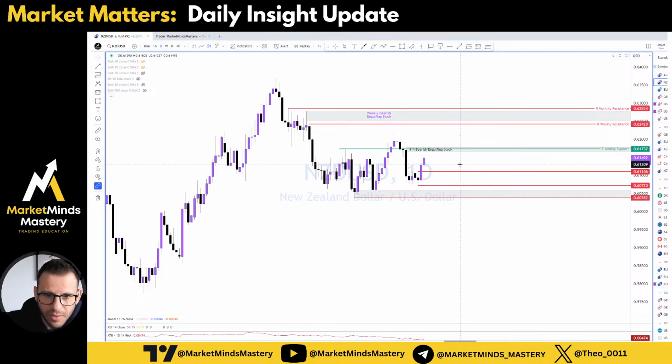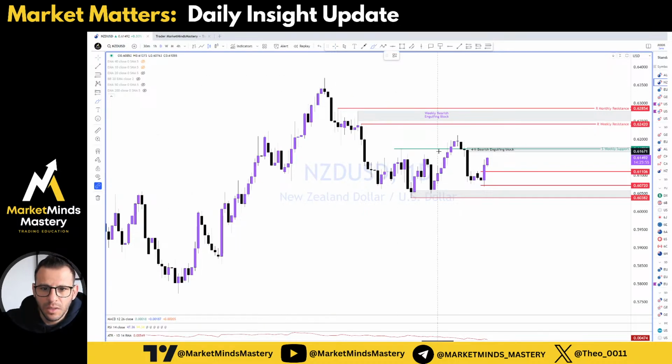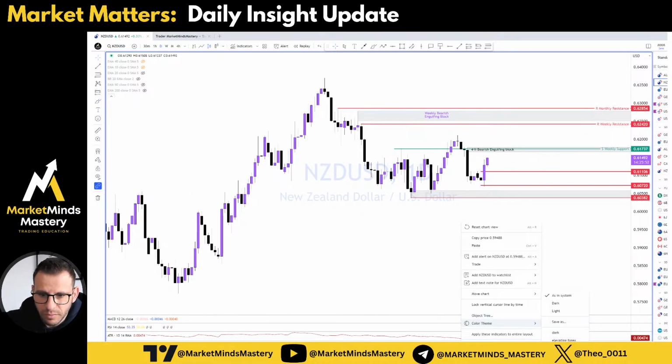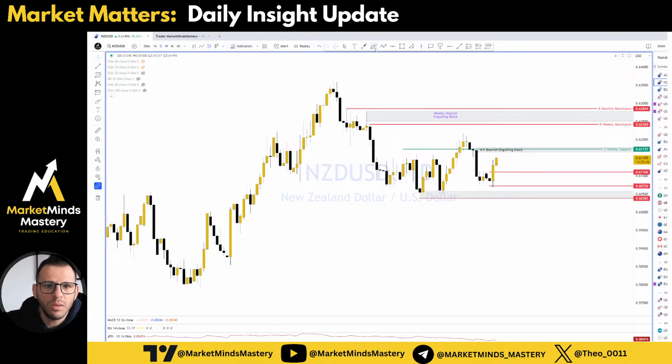So, New Zealand US dollar on the daily chart, price made this higher high and it failed to take this low right here.